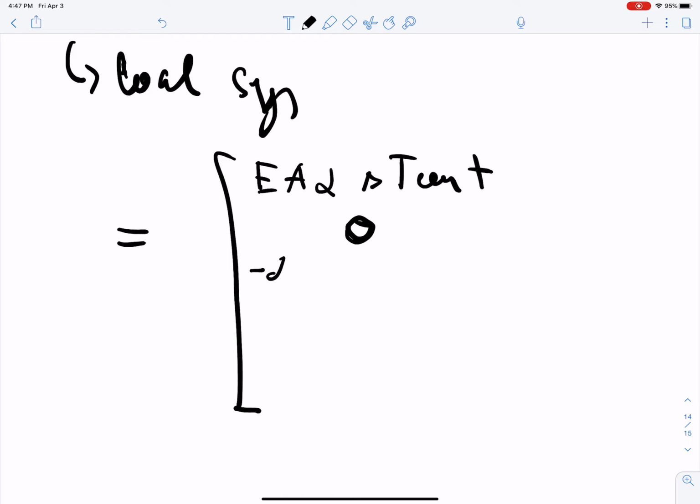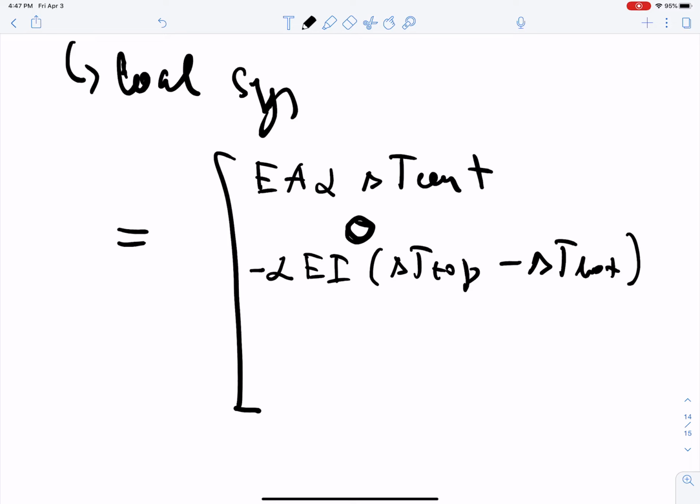Then you get minus alpha EI, delta T top minus delta T bottom, all divided by H. Then you get minus EA alpha delta T central at the J node.